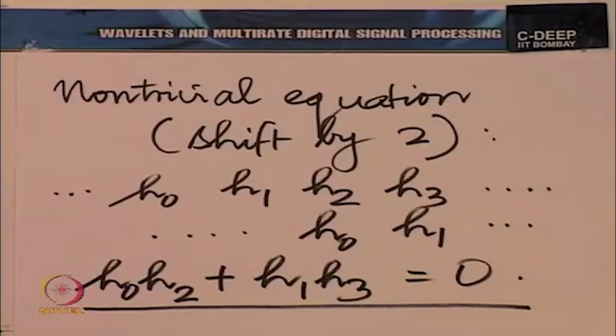Now, from the location of the zeros and the free parameter, we need to express H 0 through H 3 in terms of the free parameter. So, what do we have?